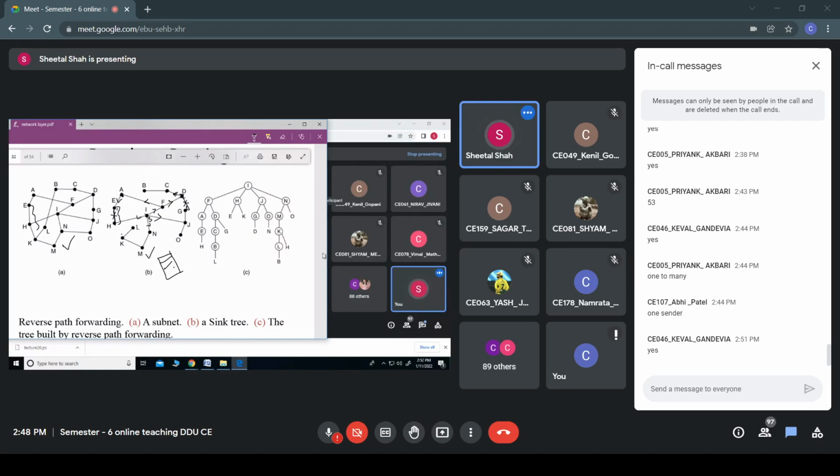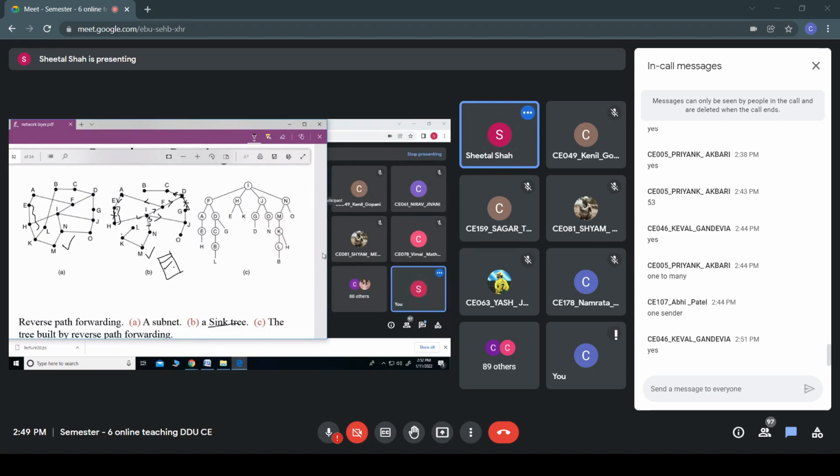Say suppose if now the source is M, then the spanning tree for M which is constructed, that knowledge should be there for all the routers which are in the subnet. Fine. So this is known as a sink tree or the spanning tree.